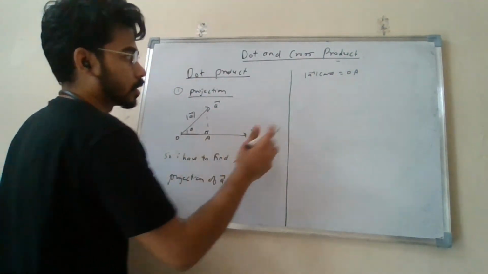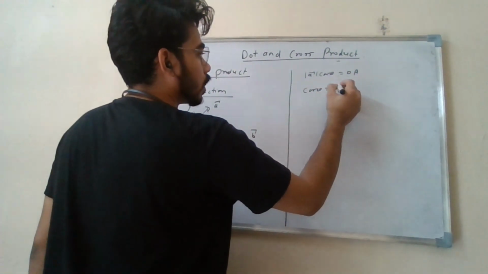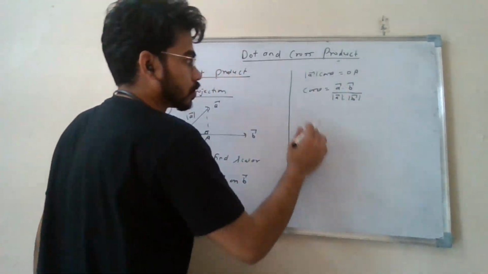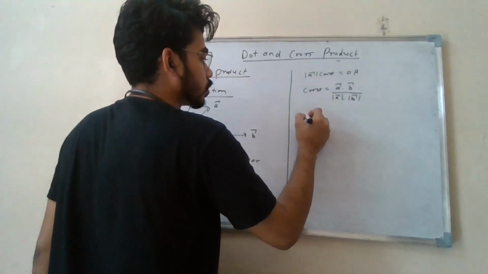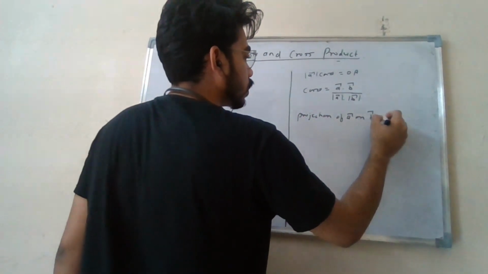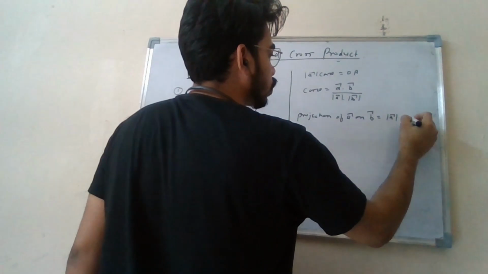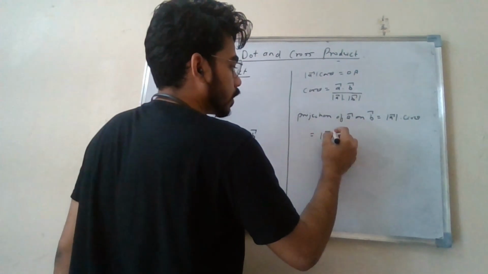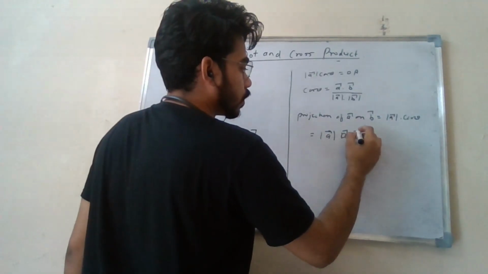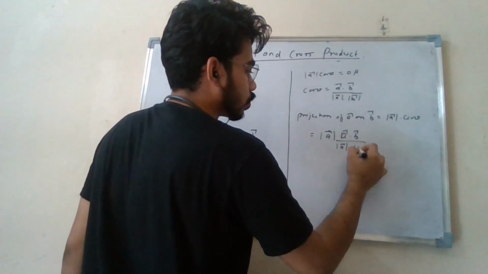And we know already that cos theta is A vector dot B vector divided by mod A into mod B. Okay, so just put it here. So this is my projection value. Projection of A vector on B is equal to mod of A into cos theta, and we know the value of cos theta is A vector dot B vector divided by mod of A vector into mod of B vector.